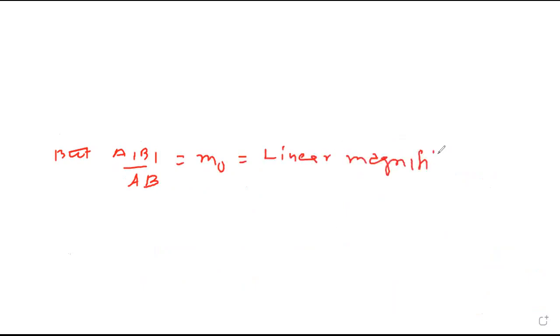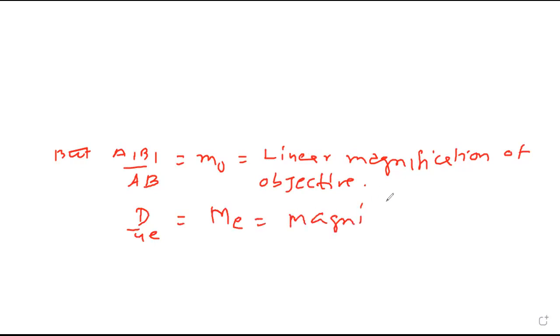A1B1 upon AB equals M0, the linear magnification of the objective. D upon UE equals the magnifying power of the eyepiece.